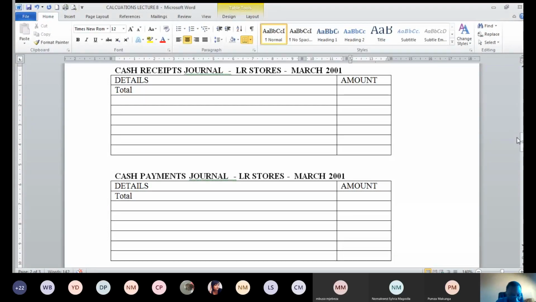But the 5,000 Rand dated the 28th of March is not in your cash receipts journal. So you mark off that one. 26,500 Rand, guys, that amount is there. 90 Rand is not in your cash receipts journal, and 15,000 Rand is not in your cash receipts journal.